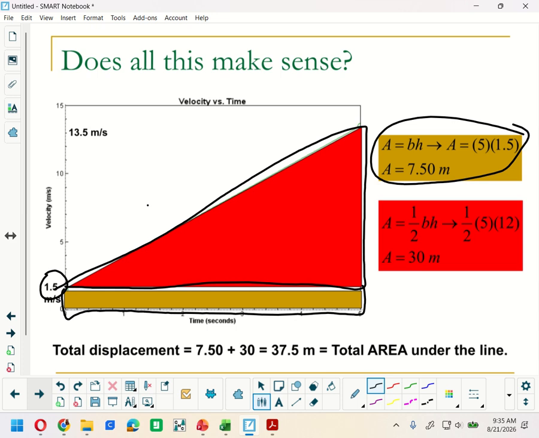So the area of this triangle, 1/2 base times height, we end up getting 30 for this. And then when I add them all together, finding graphically the area under the curve, I get 37.5. Isn't that what I just had a little bit ago? Yeah. So this line right here represents my constant acceleration.